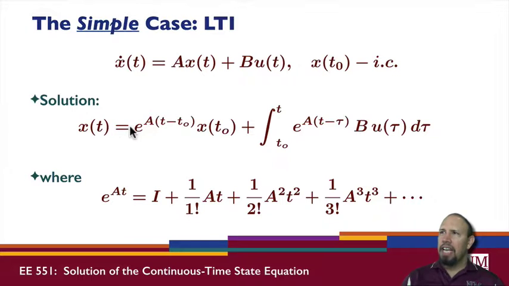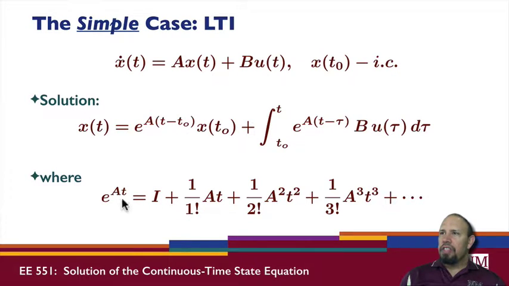Instead of having A to the k, as in the discrete time, we now have e to the At, where e to the At is the matrix exponential, and it can be expressed in a power series this way. So we have this power series where A squared stands for A times A, A cubed, A times A times A, and so forth. So this is an infinite matrix series.